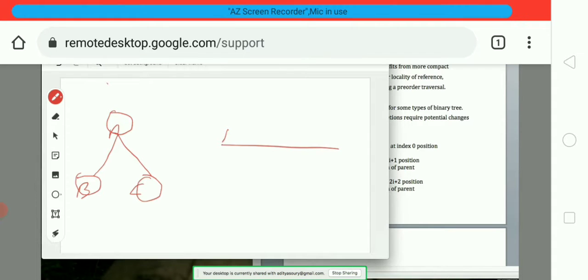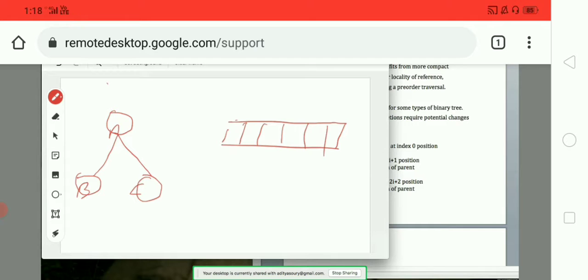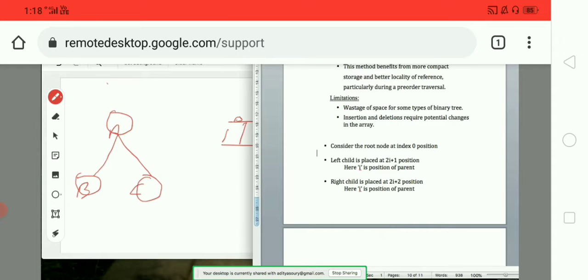We already know about arrays. We already know that an array will maintain index values. The first rule is consider the root node at index 0 position.